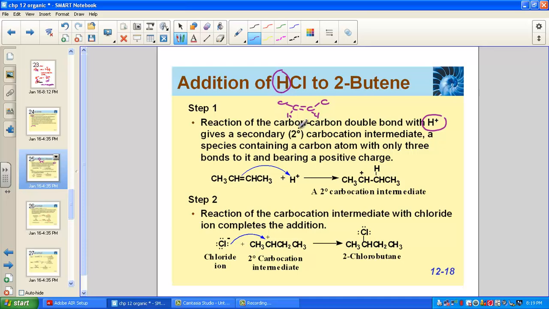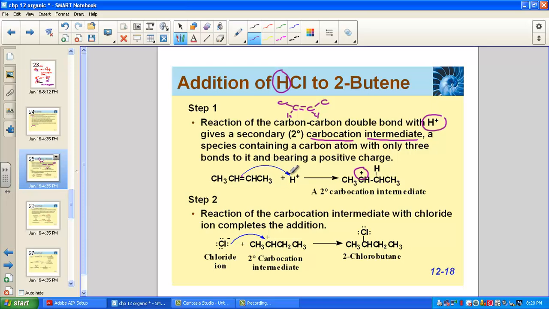When we get a hydrogen added, we get a secondary carbocation intermediate. A cation is a positively charged ion, and an intermediate is something that is made as a product in step 1 and immediately used as a reactant in step 2. In step 1 of the addition of HCl to 2-butene, the double bond is broken.